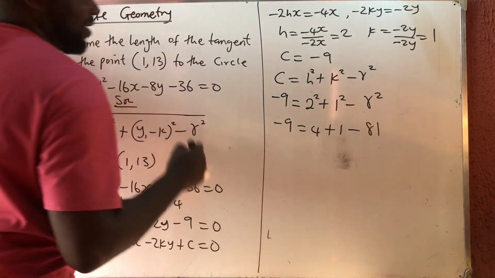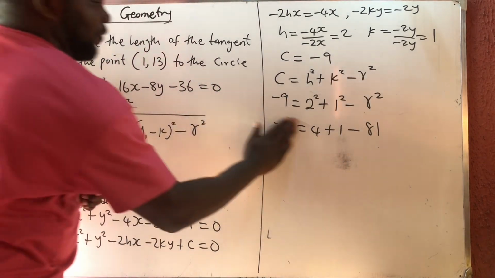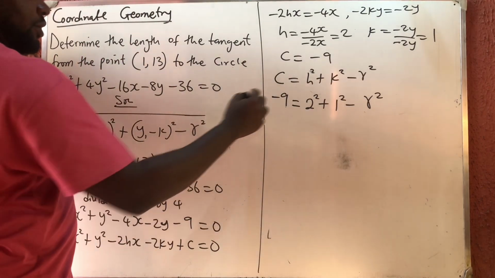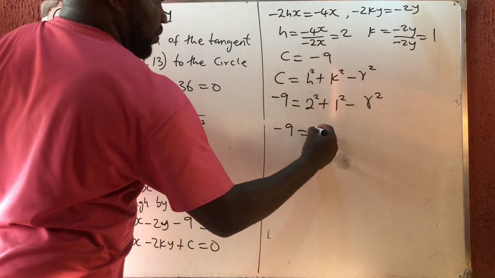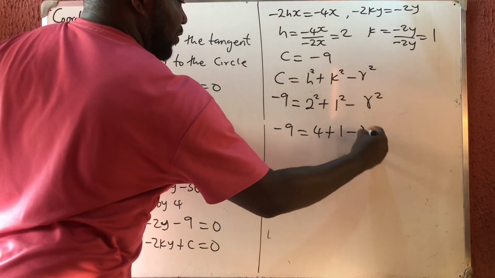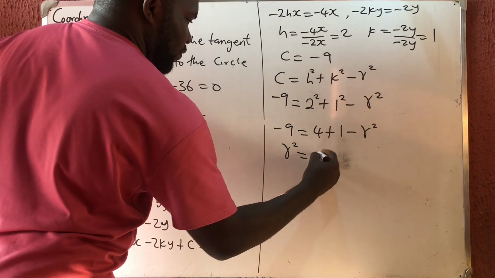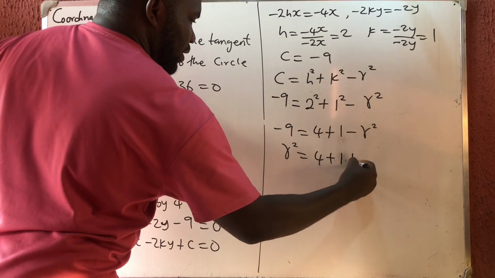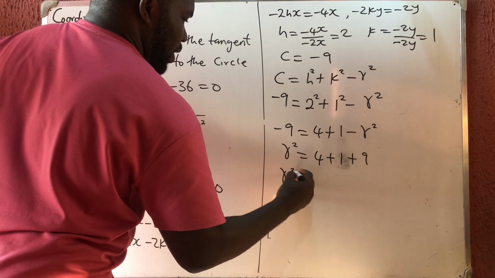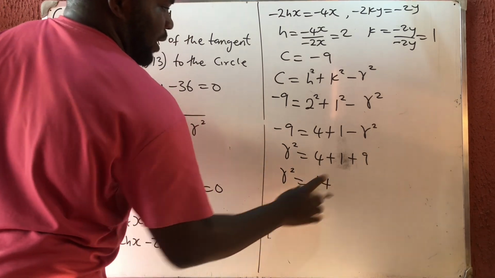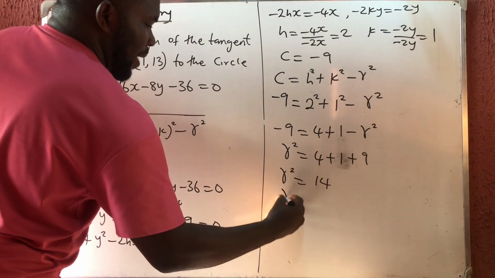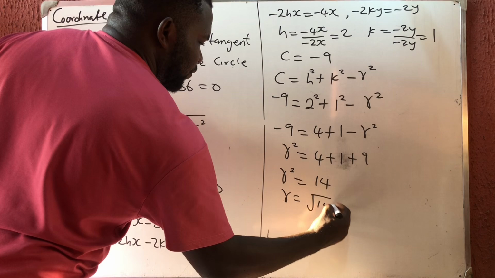This is r squared, that's a mistake. So minus 9 is equal to 4 plus 1 minus r squared. So r squared will give us 4 plus 1 plus 9. So r squared is equal to 14. So my r is now the square root of 14.